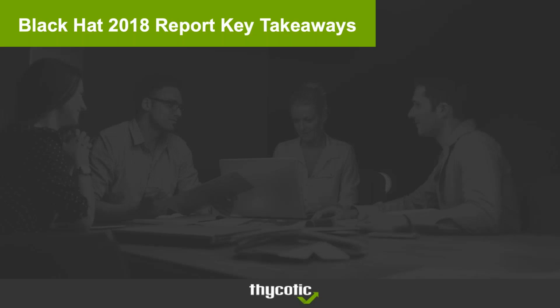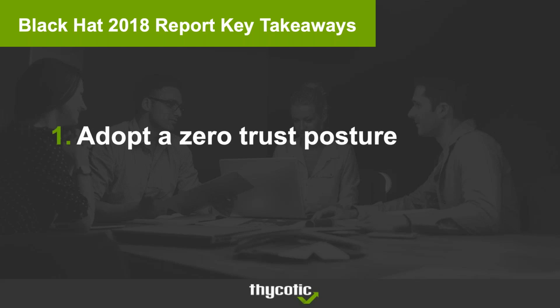Now, some of the key takeaways from this report itself. The number one is around adopting a zero trust posture. And for me, it's something that I think organizations need to look at, because I don't say zero trust is the goal. Zero trust is where you start from. It's a starting point.